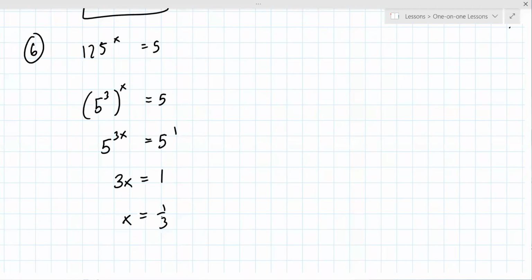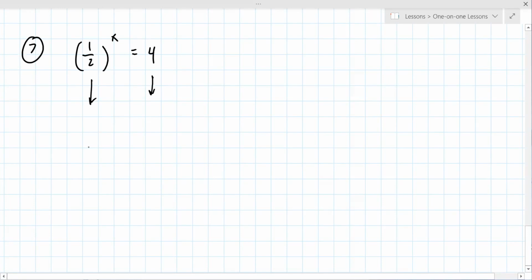All right. On to number 7. So number 7 is 1/2 to the power of x equals 4. You're going to change both of these. Usually you want to try to only change one.